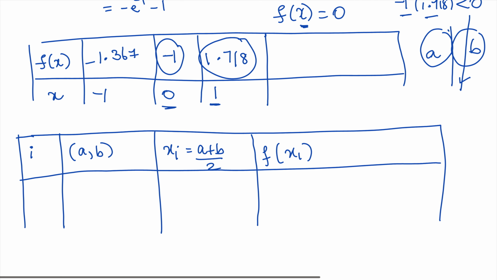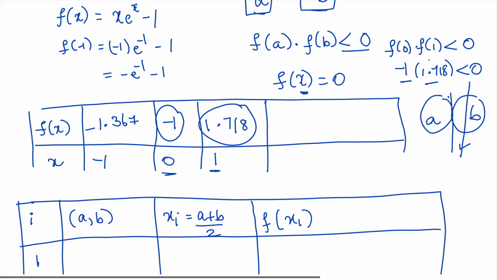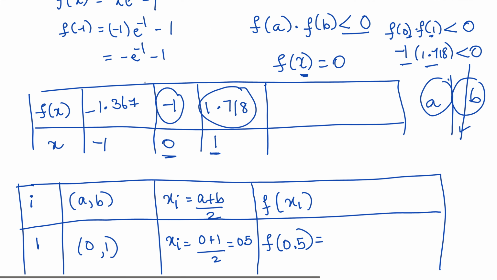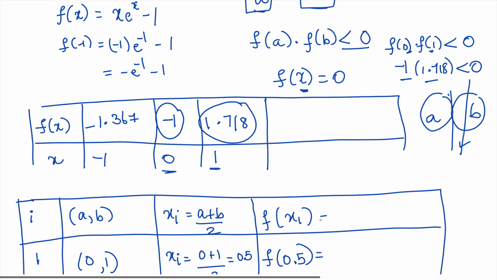Now in the first step, what are our a and b? a is 0, b is 1. The interval is 0, 1. So what will be xi? 0 plus 1 by 2, which is 0.5. Now what is f of 0.5? f of xi is xi e power xi minus 1, right?